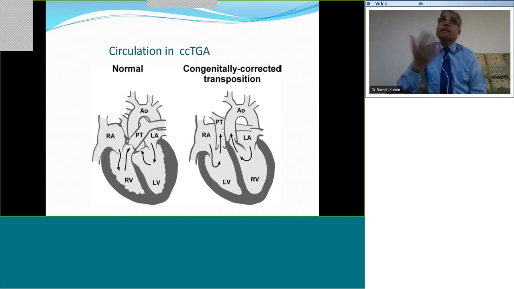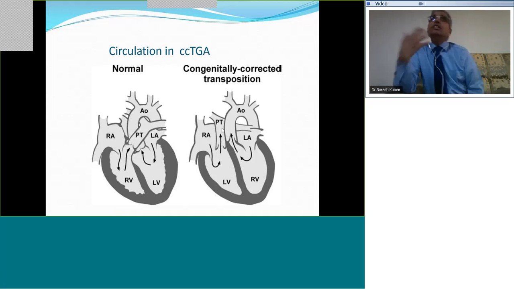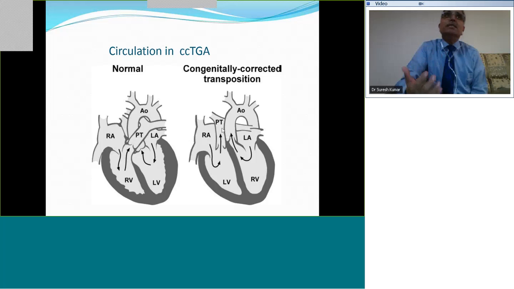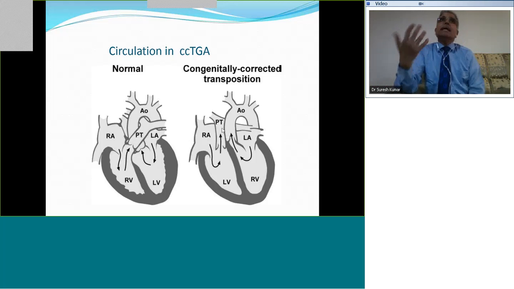So it is transposition. But since it is the pulmonary trunk which is arising from there, and since it is receiving only the systemic venous blood, it should be all right. That is why you call it congenitally corrected transposition. And on the other side, you have the anatomic right ventricle, which is giving origin to the aorta, and that is transposition.